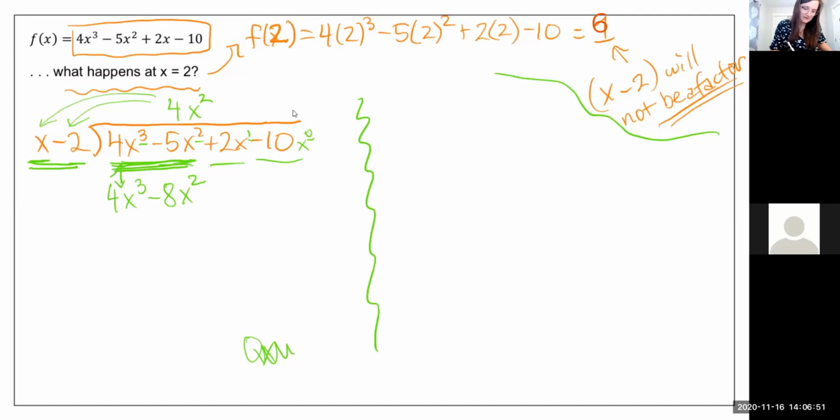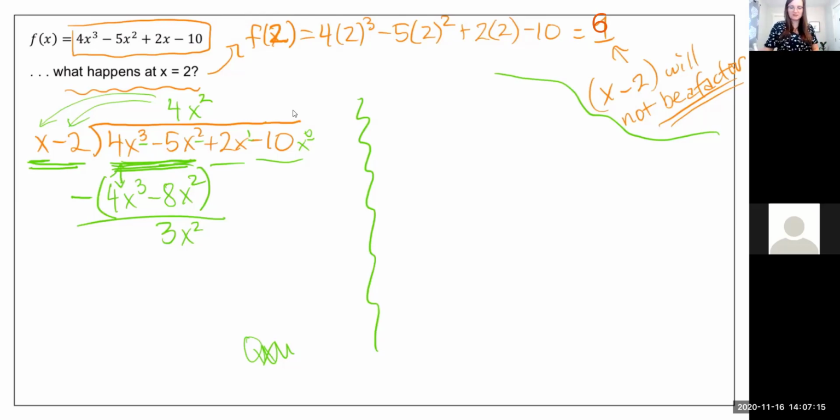And then minus all of this. So the first term is going to disappear. That's good, but now you have to be careful as you read this. Negative 5x squared minus negative 8x squared is negative 5, and then plus 8 is going to be 3x squared. So that's what's left from that first multiplication.